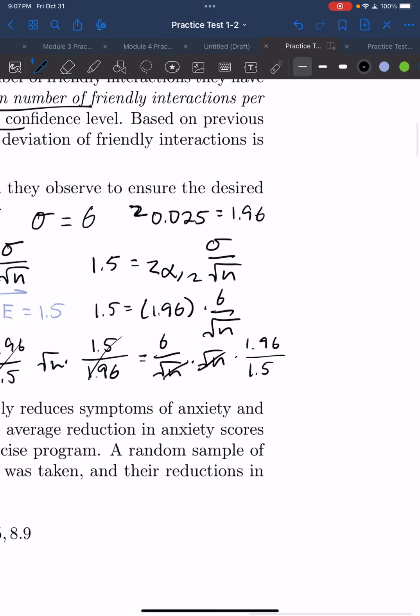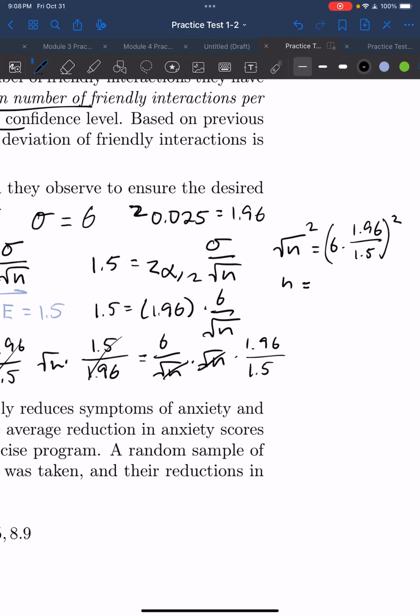And so then we have our square root of n is equal to 6 times our 1.96 divided by 1.5, and then we can square both sides, and then we get n equals, and then I can just plug this into a calculator: 1.96 divided by 1.5, and then all of this is squared.